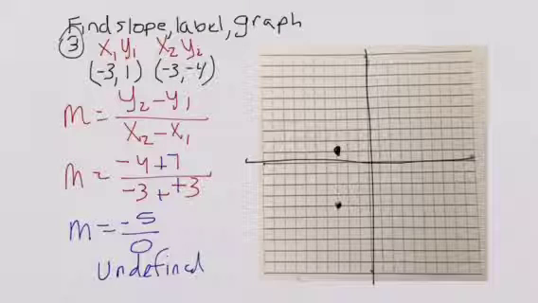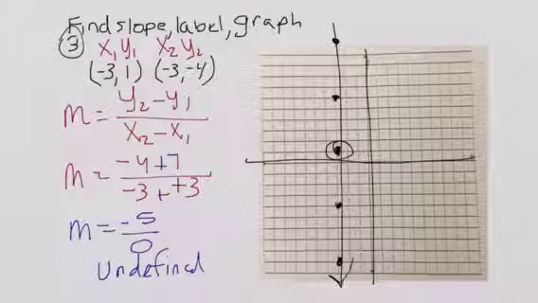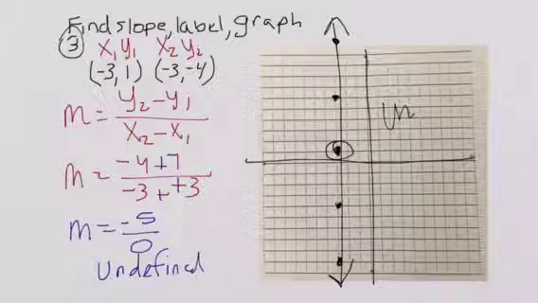And then we're going to go down 5 to the right 0. Then we're going to go back to our starting point, and we're going to go up 5 to the left 0, and then up 5 to the left 0. So we used the slope, and then we did the opposite of the slope. And that gives us our undefined slope.